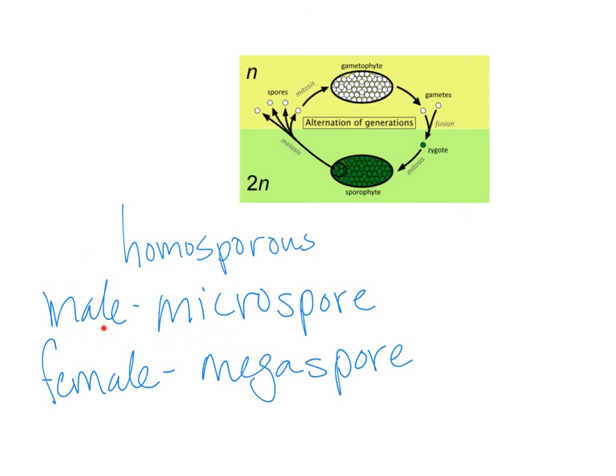You can remember that males are microspores and females are megaspores by thinking about human reproduction. The male gamete is micro compared to the female gamete, the egg. The egg is so much larger than the sperm. So male is micro because the male gametes in humans are tiny compared to the female gametes. Hope that helped you understand the alternation of generations better.